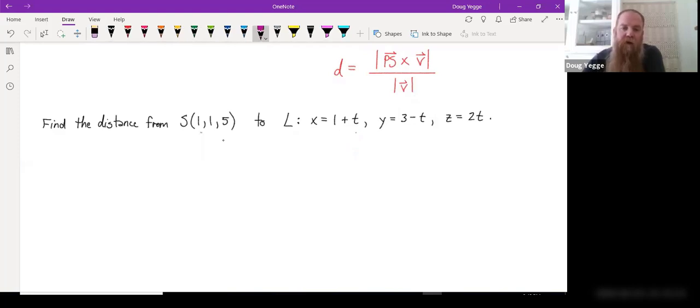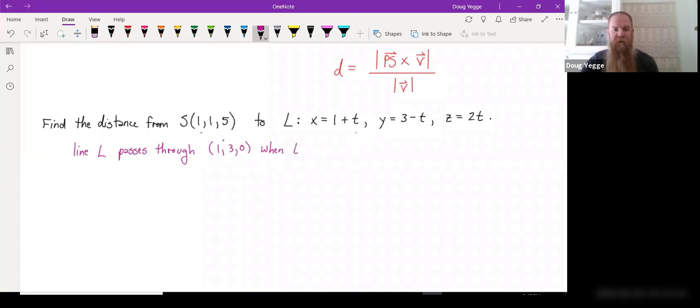But what I do know is that line L passes through the point 1, 3, 0. And I can see that that's going to happen when I just plug in t equals 0.